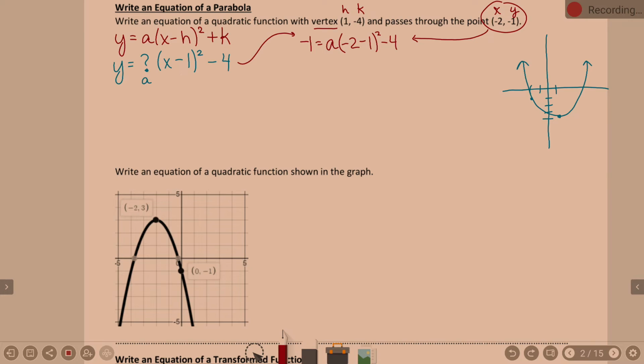Okay. Do some math. What do we know? It's -3 inside your parentheses. Okay. You start with those. So starting with our parentheses, -2 minus 1 is -3.